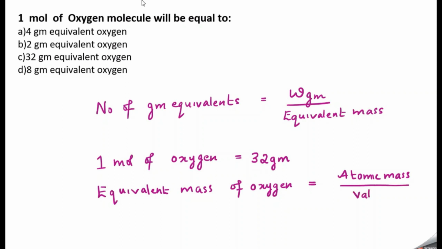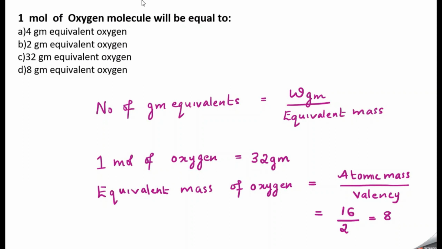This you should remember. We are learning while calculating the equivalent weight. So what is the atomic mass of oxygen? It will come around 16. And valency of oxygen, you know that 2 more electrons are required to complete the octet. So valency is 2. So I will get a value equal to 8.